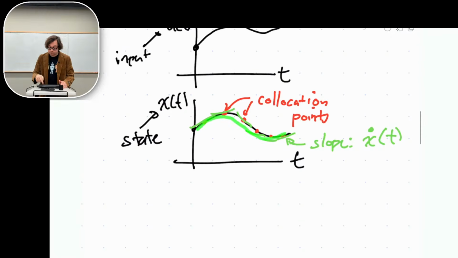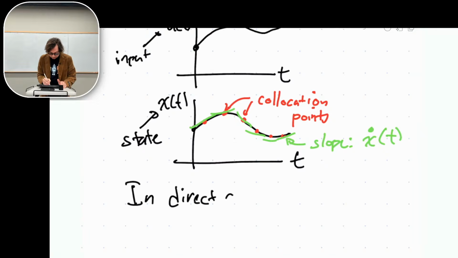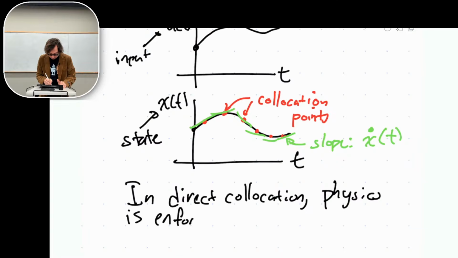But the point is that in direct collocation, physics is enforced via constraints, not simulation.